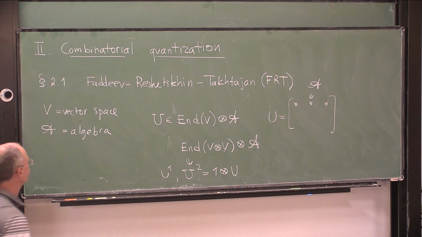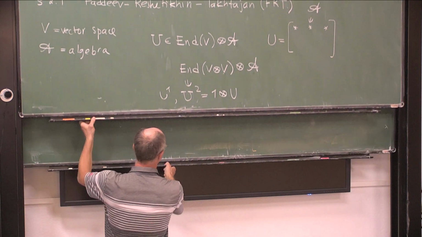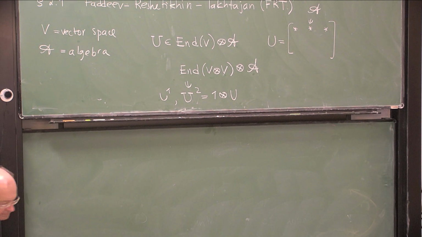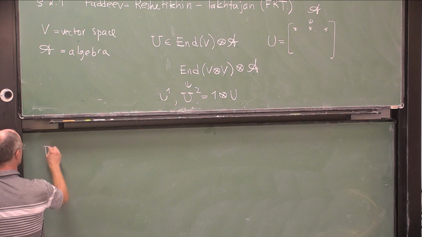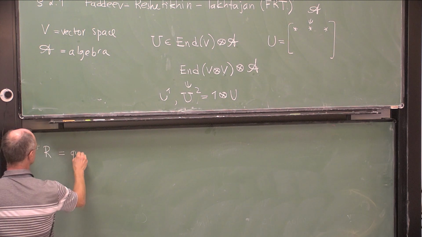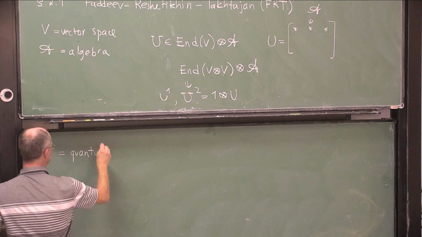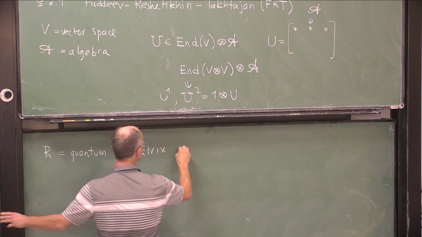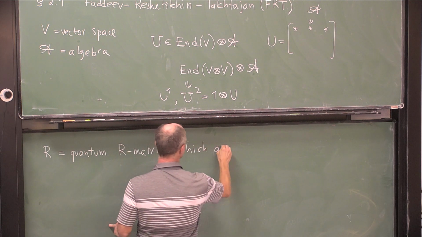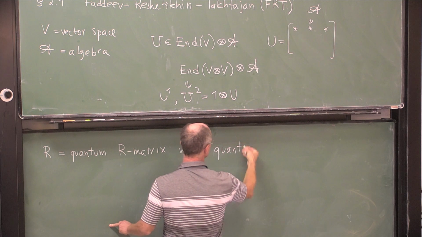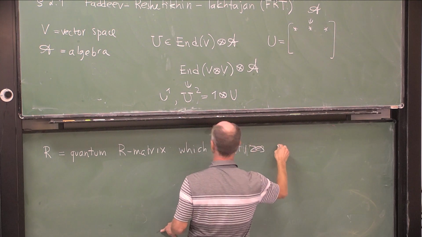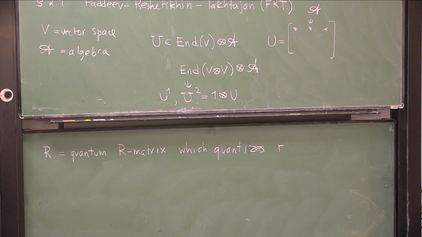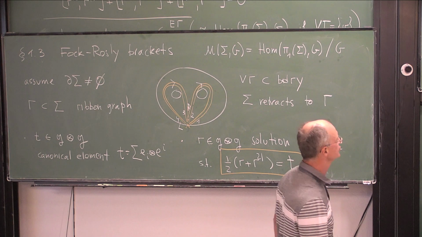Now, the following remark. Assume that we have R, the quantum R matrix which quantizes the classical R matrix that we have chosen before.